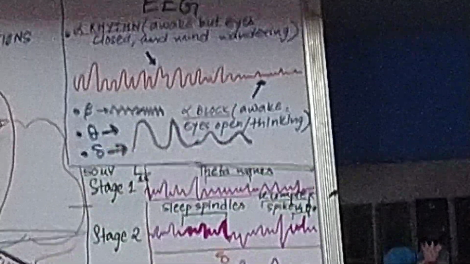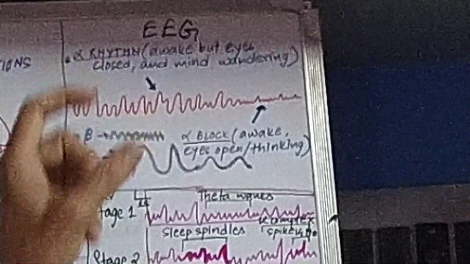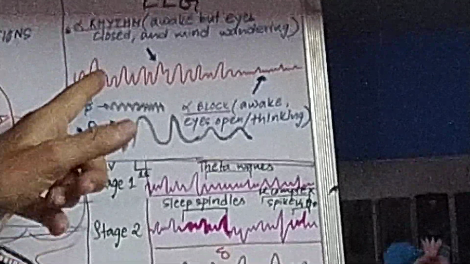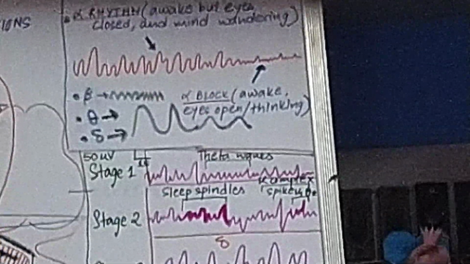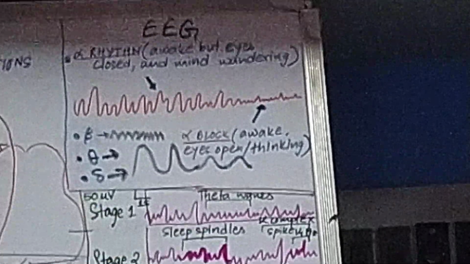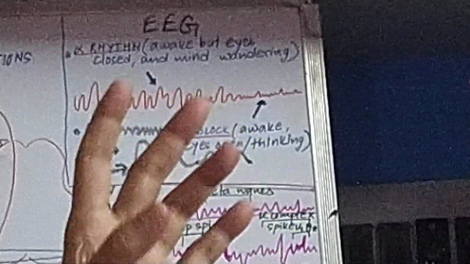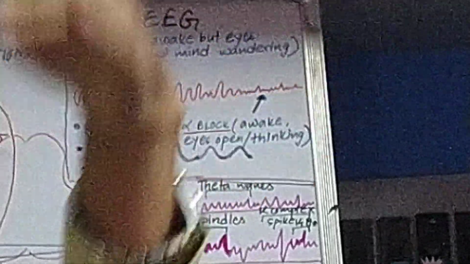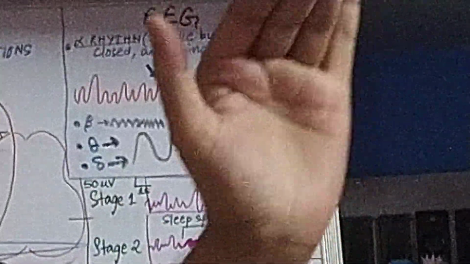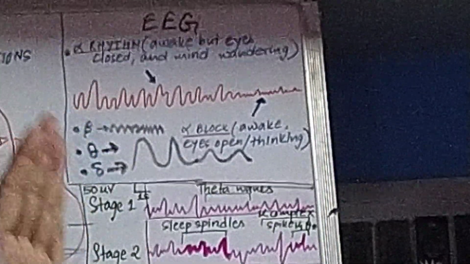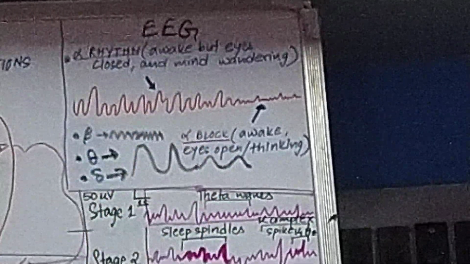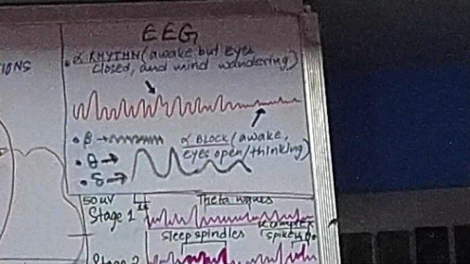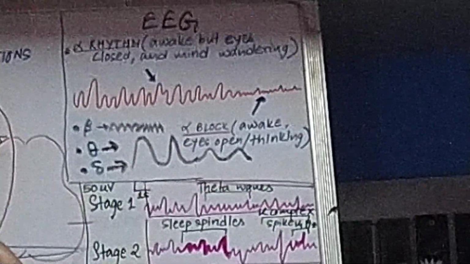In the last class I told you that the commonest wave found in the occipito-parietal region is the alpha wave, whose amplitude is 50 microvolt and the frequency is 7 to 14 Hertz. And if there is any disruption of the conditions producing the alpha wave, there will be blockade of the alpha wave, known as the alpha block. During REM sleep, if you record the EEG, it will show alpha block. Can you tell me why?